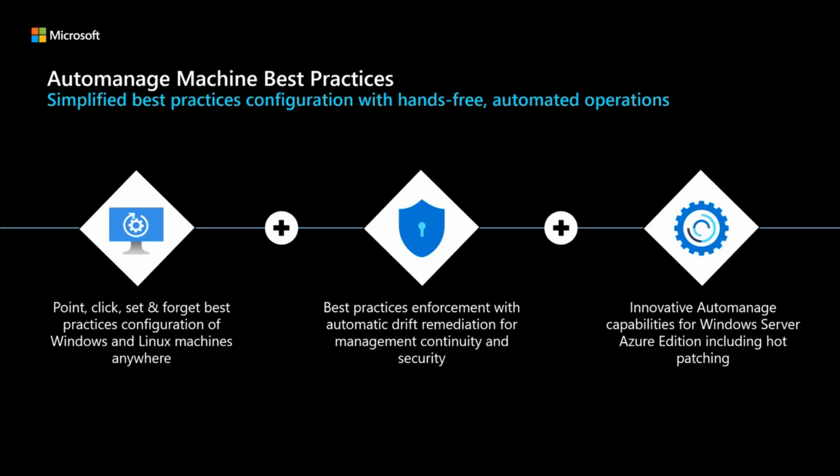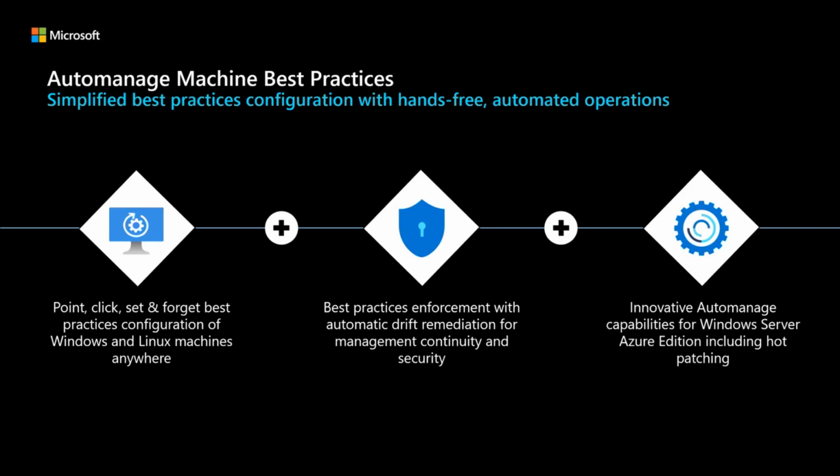So with a few clicks, or a deployment template or a policy assignment, Auto Manage will take care of all of the onboarding that's necessary to bring those servers into Azure Monitor, to enable backups, to deploy Defender, and set up configurations. And then you can take it to the next step as well, where it's also monitoring for drift, and it will remediate if there are any unwanted changes to make sure that your servers are staying within compliance or within that desired state.